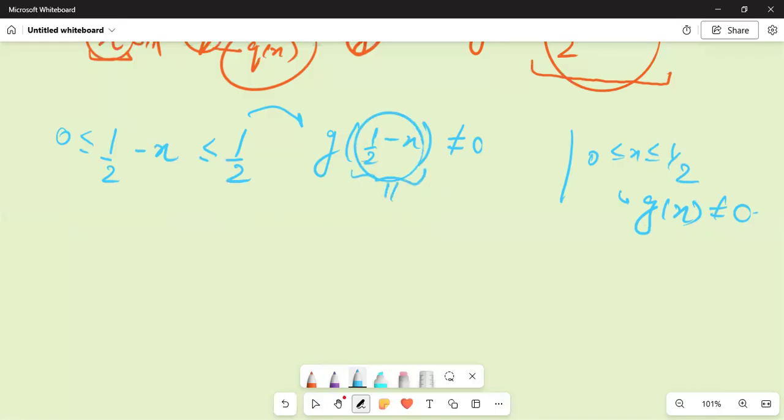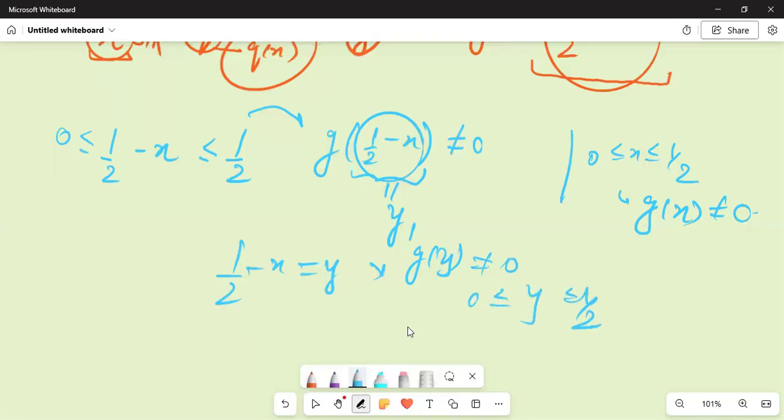If you see this as variable y, you substitute half minus X as y, then this is nothing but the function Gy, and this will be non-zero once y is between 0 and half. So half minus X should be between 0 and half for G to be non-zero.